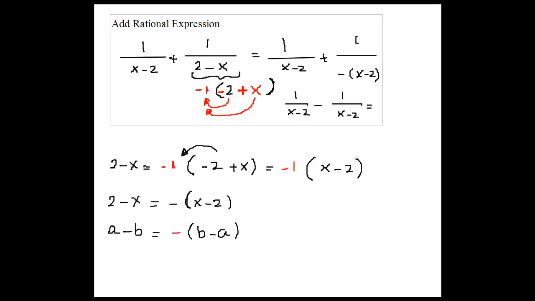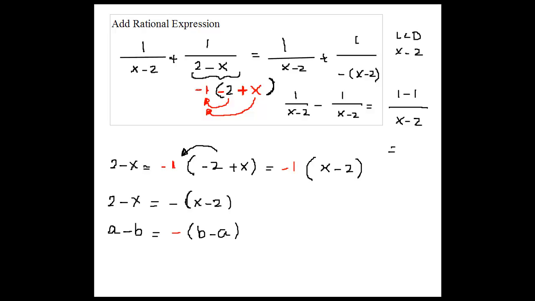Here the LCD is x minus 2, so I can combine these two. Here it would be 1 minus 1 at the top of the fraction. And then here we have x minus 2.